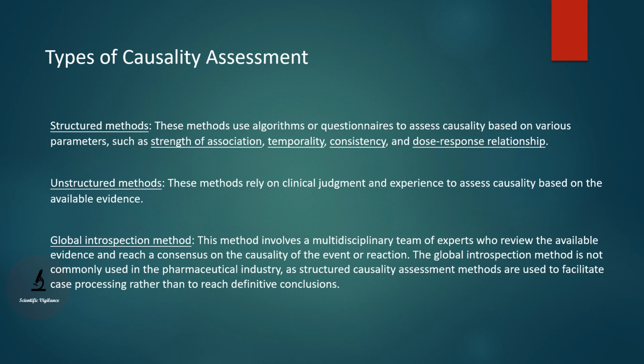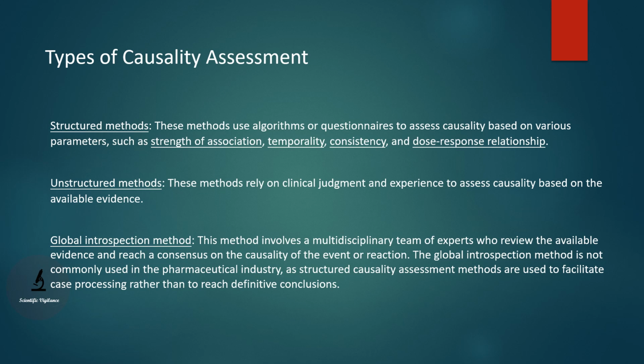In the world of pharmacovigilance, assessing the causality of adverse events is a critical endeavor. There are different methods employed for this purpose, each with its own approach and level of structure. The first method is structured methods.